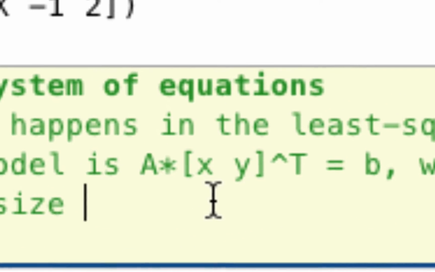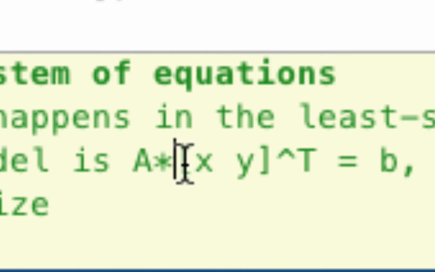For columns, see that the A matrix is multiplying a vertical vector with two elements. How many columns in matrix A? It's 2. Excellent. Matrix A has 2 columns. How many rows? Think, how many rows? 3. Yes, that's the number of equations we have.